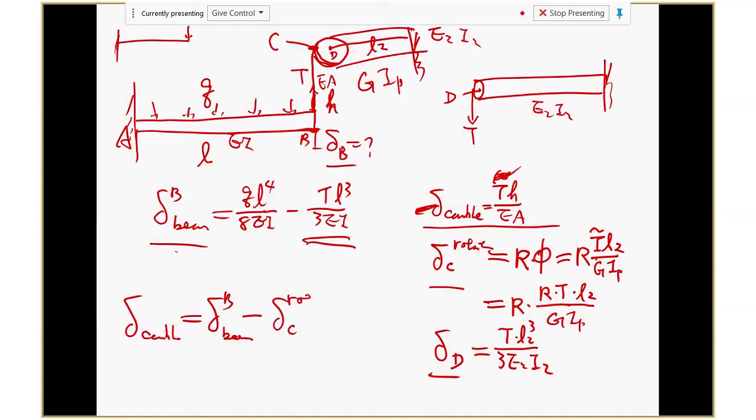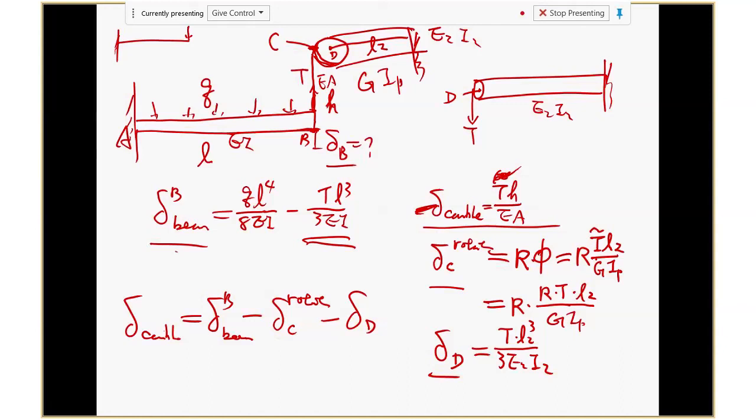Then minus how much you rotate, so delta C of the rotation. And then how much this one moves? Delta D. Okay, why did I put the minus there? Because the beam moving down makes the cable longer. The C and the D movement make the cable shorter. Right? So that's why you have a negative sign there.